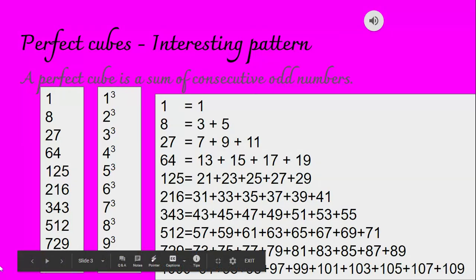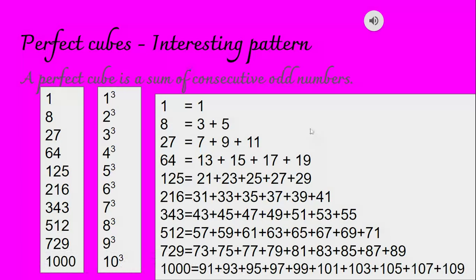Now, can you tell me what is the difference between finding the perfect cube and the perfect square by using consecutive odd numbers? You know that in perfect squares, we used the consecutive odd numbers starting from 1, isn't it?